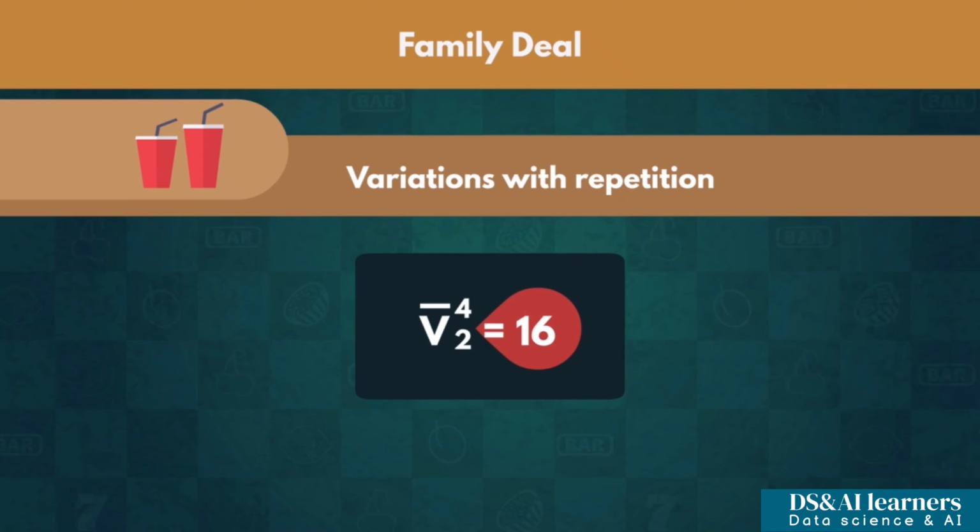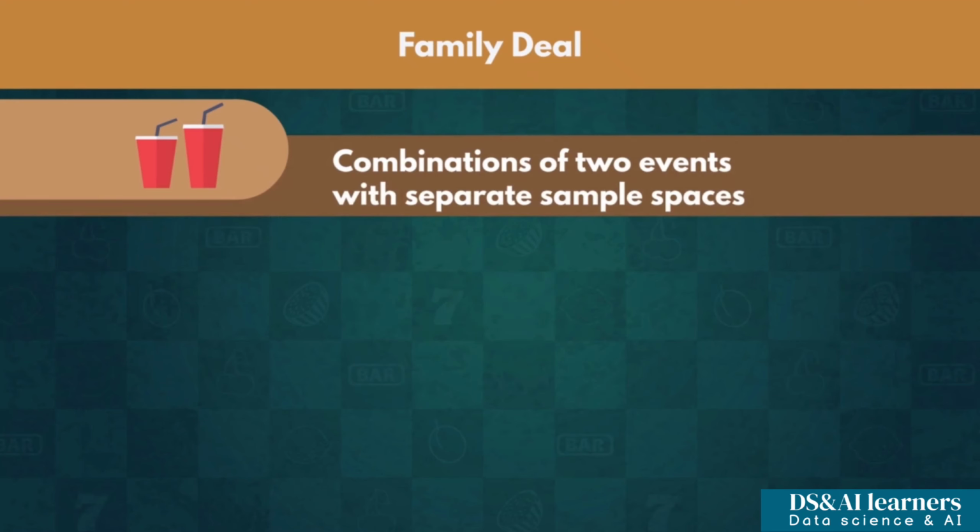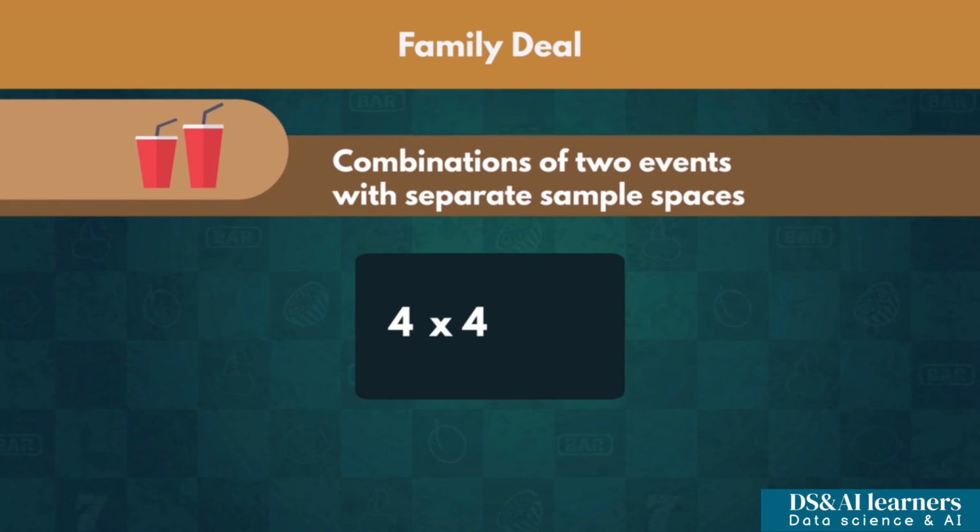Alternatively, you can think of these in terms of combinations of two events with separate sample spaces. By doing so, we get two events, both of which have sample spaces of size 4. As we can expect, the answer would remain the same, since 4 times 4 also equals 16. We once again have much more variety compared to the first deal.